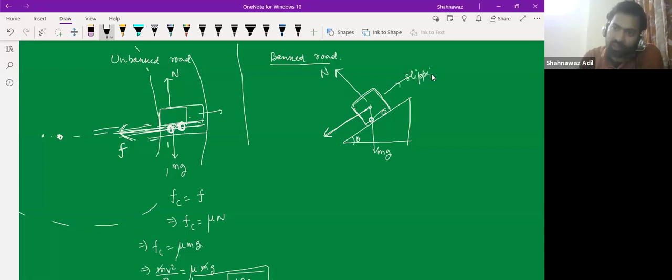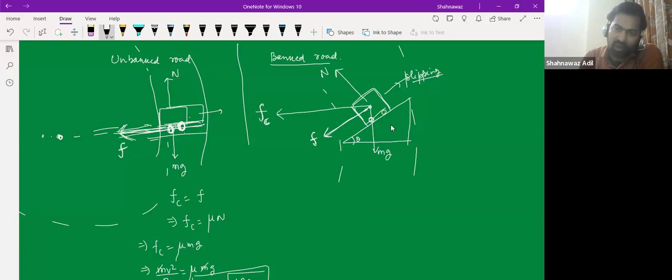So what is preventing this slipping? That is friction. And if we consider this as part of circular motion, this is the centripetal force.